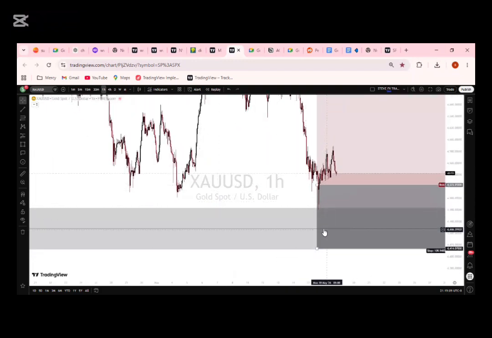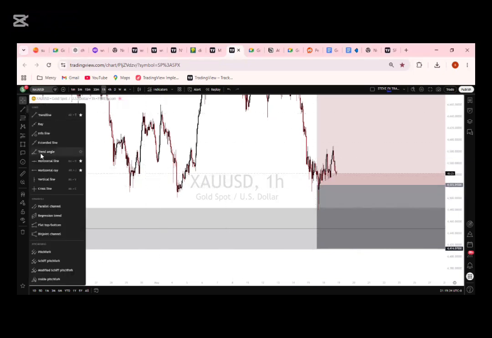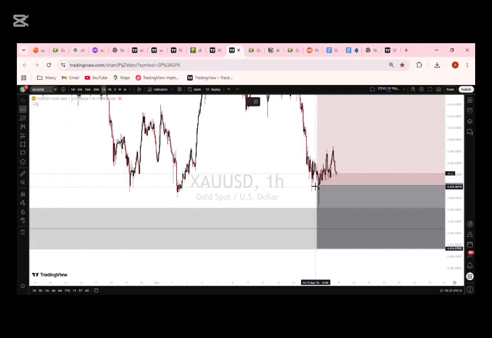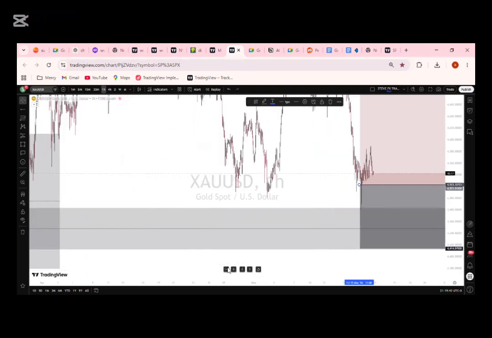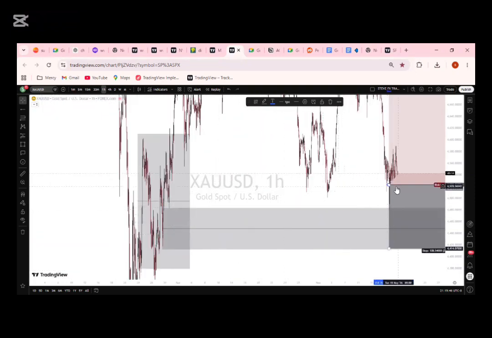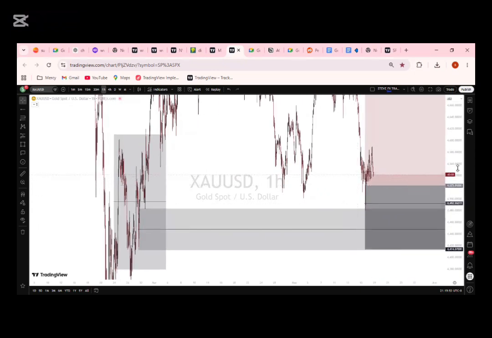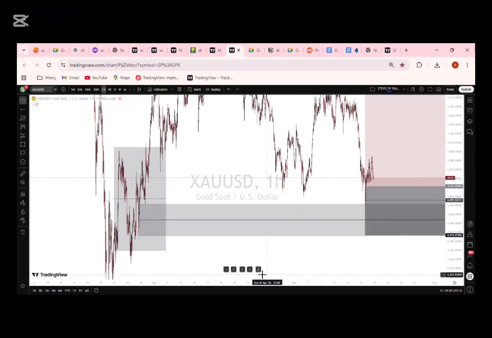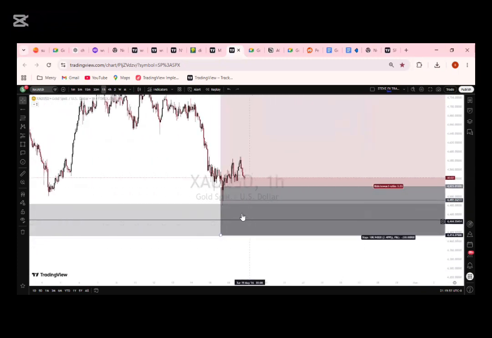So you can see that it triggered exactly that range. Instead of choosing this particular level as our entry, if we had refined this trade properly and noticed this point, this is where we could have entered our trade from.